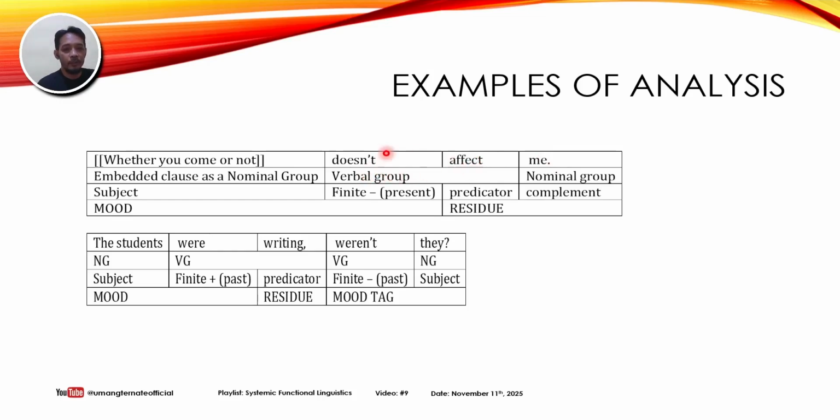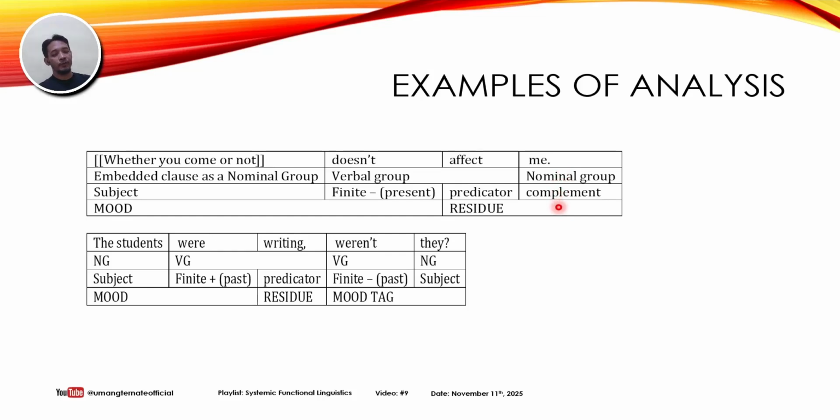It is a part of the verb does not. But affect in this case is not included in the mood block but in the residue block because it functions as a predicator, not a finite. Okay, and then me is another nominal group which functions as a complement and becomes a part of the residue.